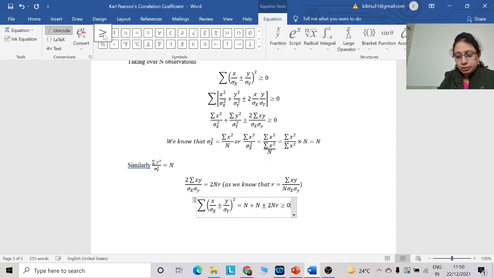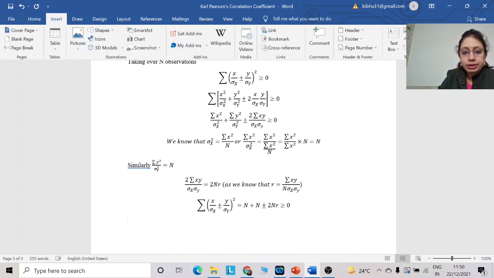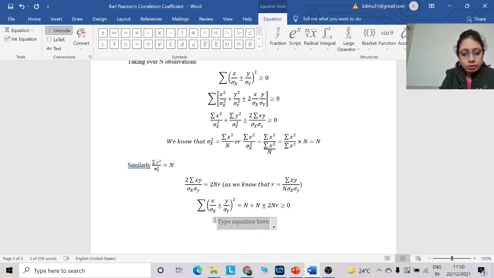Now this you can write as 2n plus minus 2nr, greater than or equal to 0.